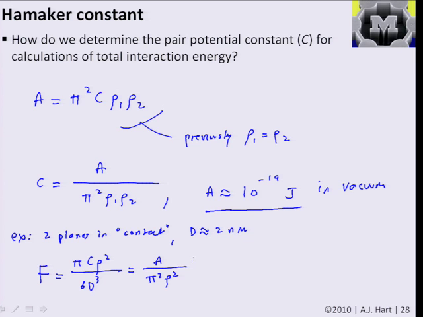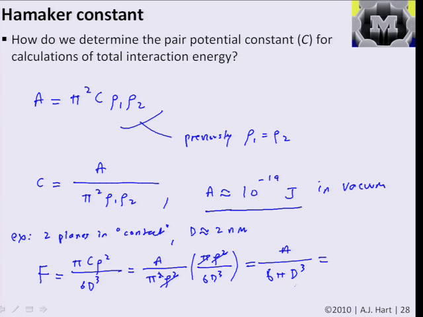And then we have pi ρ squared divided by 6d cubed. So the ρ squareds cancel and one pi cancels, and the force is A divided by 6 pi d cubed, which is what we saw in the table on the previous slide.